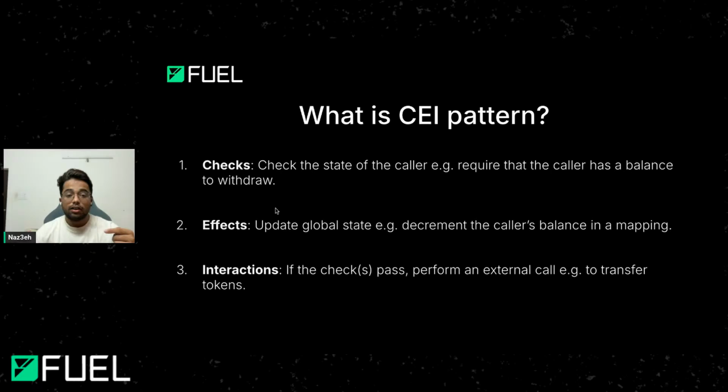Secondly, effect. Whatever effect it has on the current contract, just do it before making the external call. For example, update the state and decrement the caller's balance in the mapping before making an external contract call. And thirdly, interactions. If the checks pass, perform an external call after the effect. So this is the CEI pattern in a nutshell.